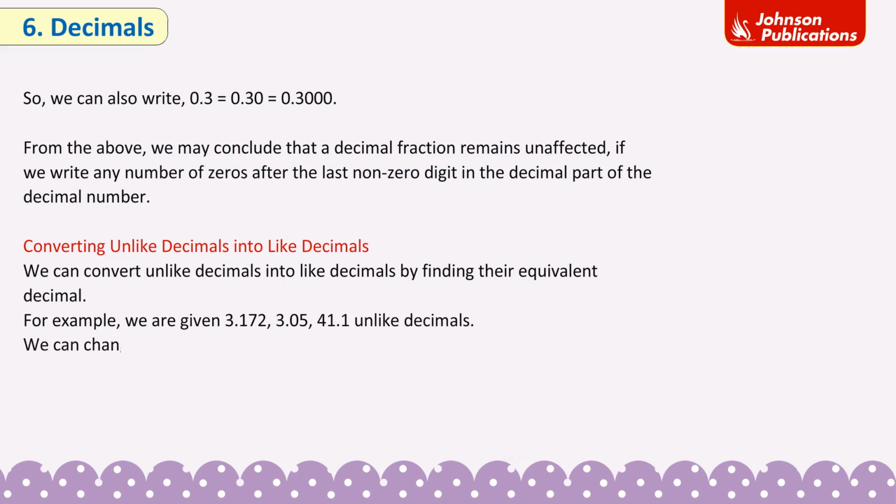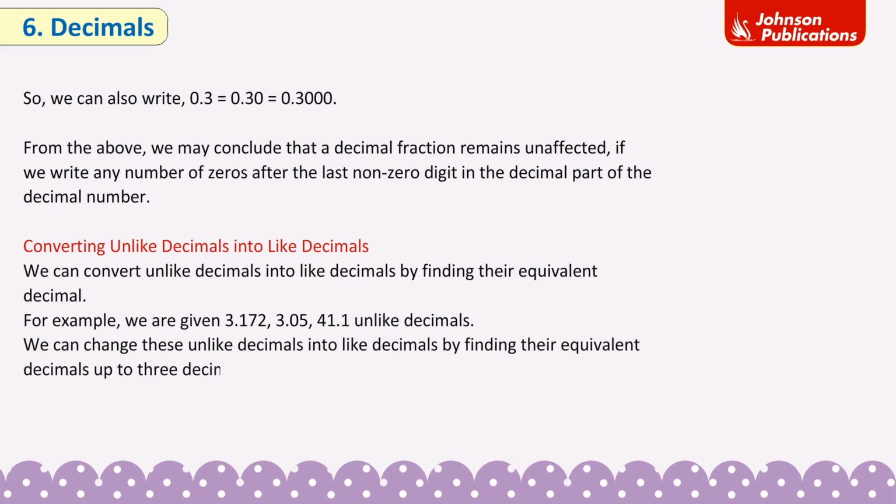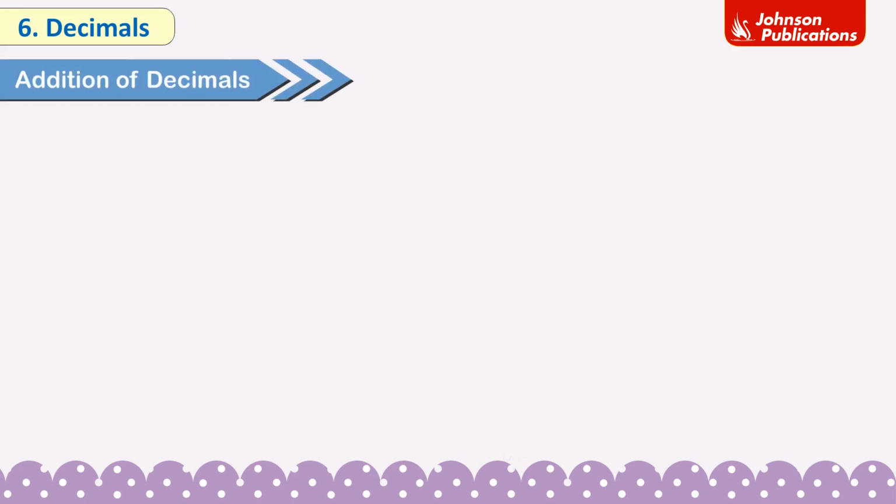We can change these unlike decimals into like decimals by finding their equivalent decimals up to 3 decimal places. 3.172, 3.050, 41.100.